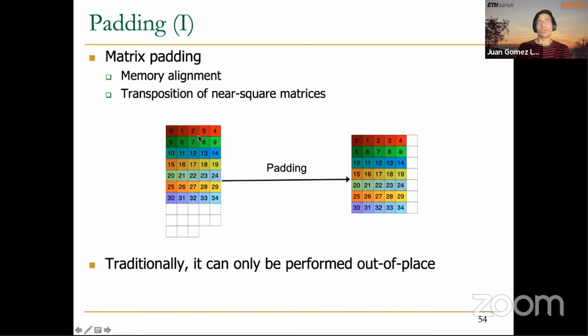And one problem with performing matrix padding in a parallel machine is that if we, for example, assign different rows to different workers, the operation will typically have to be done out of place. What that means is that the output matrix will be stored in a different physical space than the input matrix.